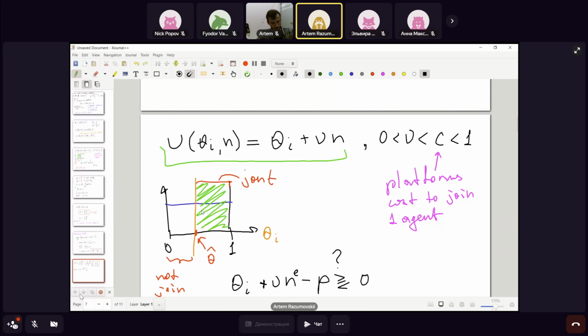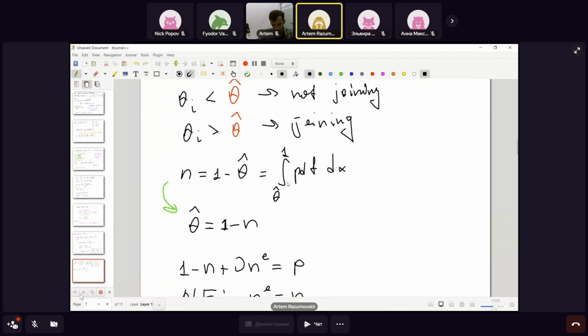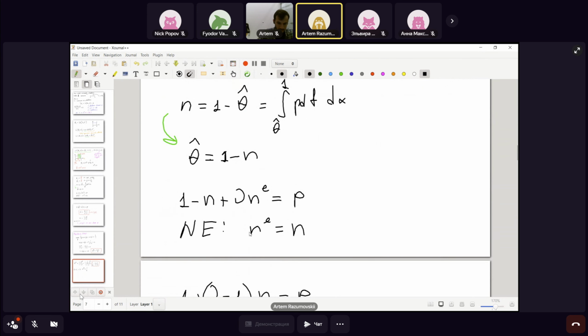Then we can think about who is joining the market and who is not, and think about the expected number of agents who join the market. They need to rely on some expectation concepts, so they need to think about Nash equilibrium, about rational expectations, and only after that can we equalize these two expected numbers to the one in equilibrium.